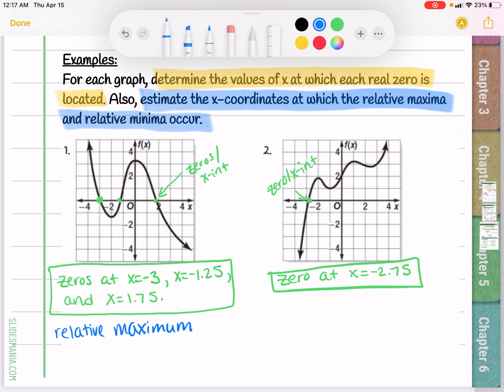Those are high points. So this one has a high point right here, and that's at about x equals 0. Again, that's a max because it's a high point.